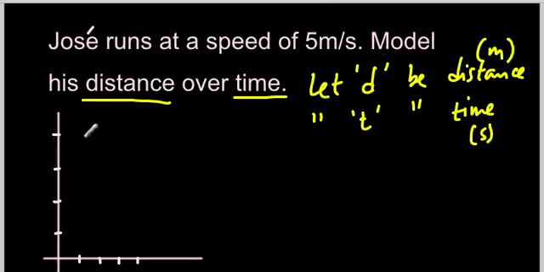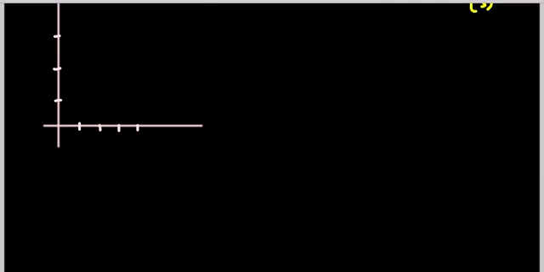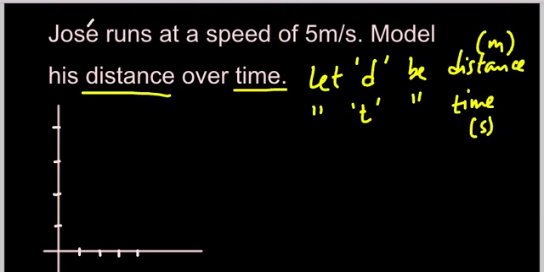Next, the best way to model this is to draw an XY plot and see how Jose runs over time. Instead of X, we're going to call it time. We usually put time on the X-axis, measured in seconds, and for the Y-axis, it's going to be distance, measured in meters.